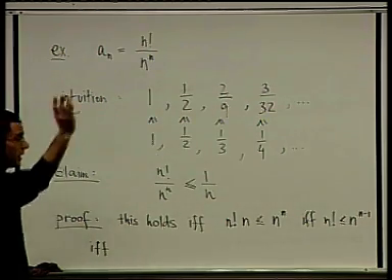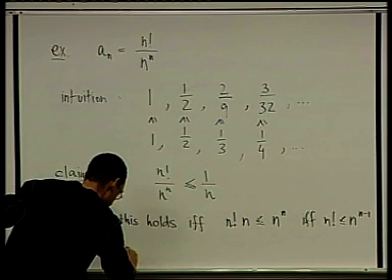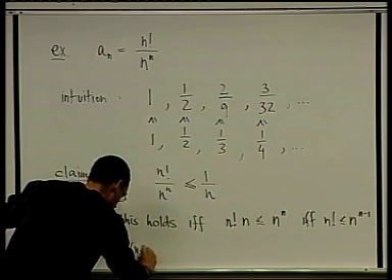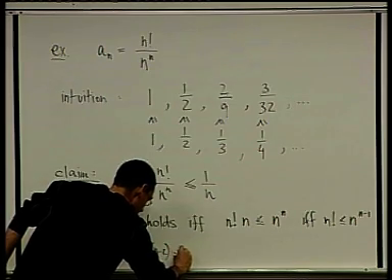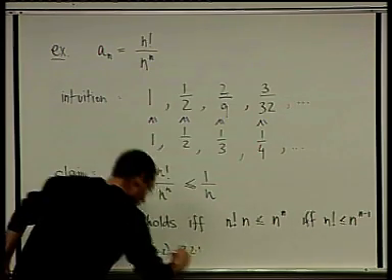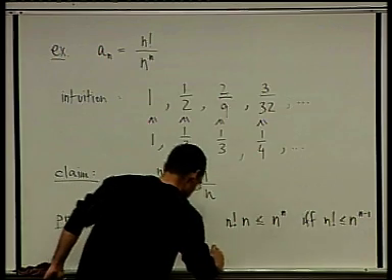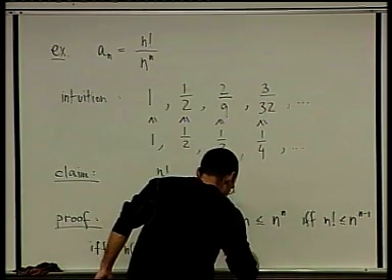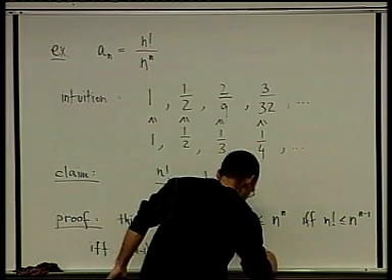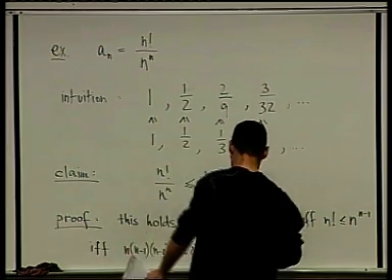I'm just going to open it up and see what happens there. n times n minus 1 times n minus 2 dot dot dot 3, 2, 1 is less than or equal to n times n times n times n times dot dot dot times n.